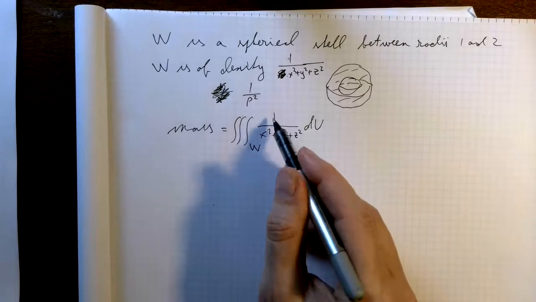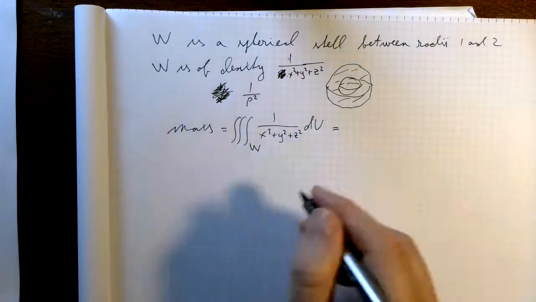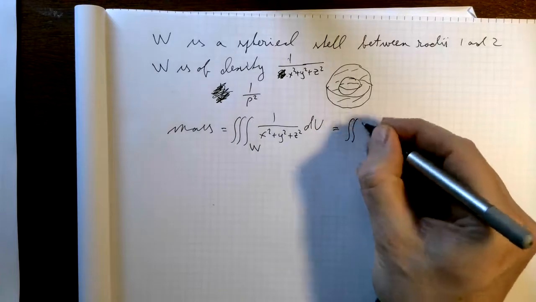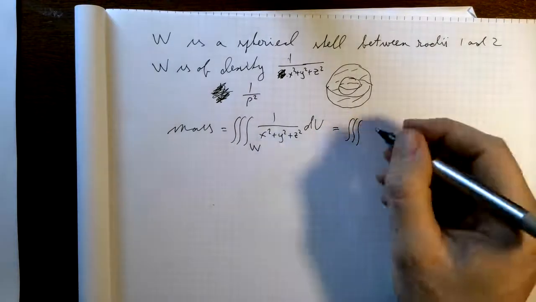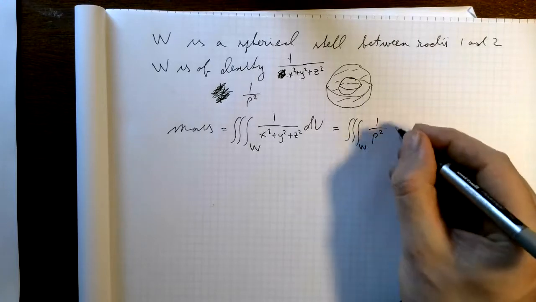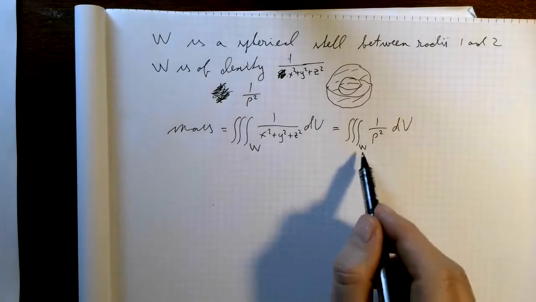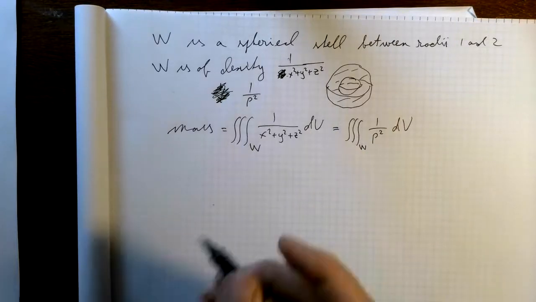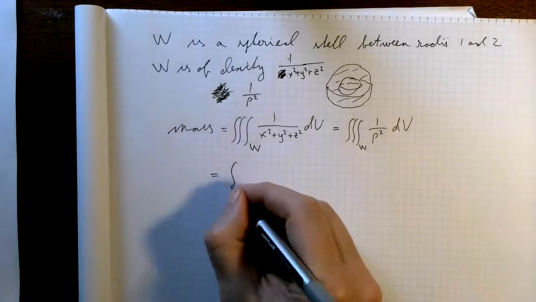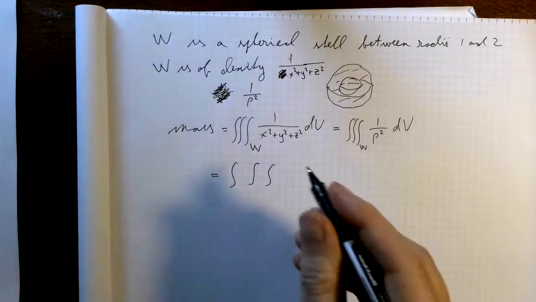I mean, this is 1 over rho squared dV, right? I just need to write down what dV is in terms of spherical coordinates, and how to describe W in terms of spherical coordinates as an iterated integral, right? So it's a triple integral.